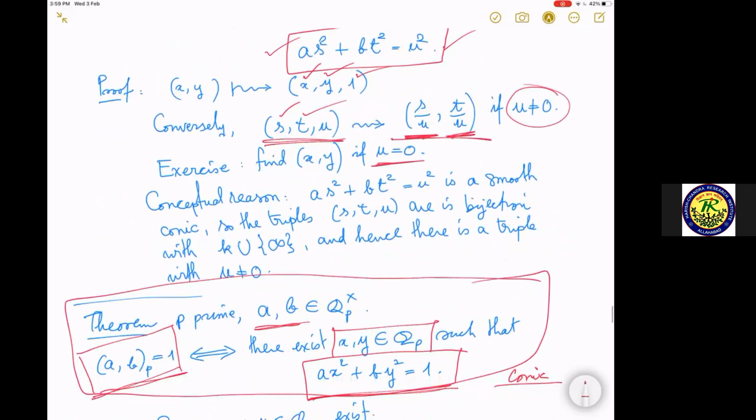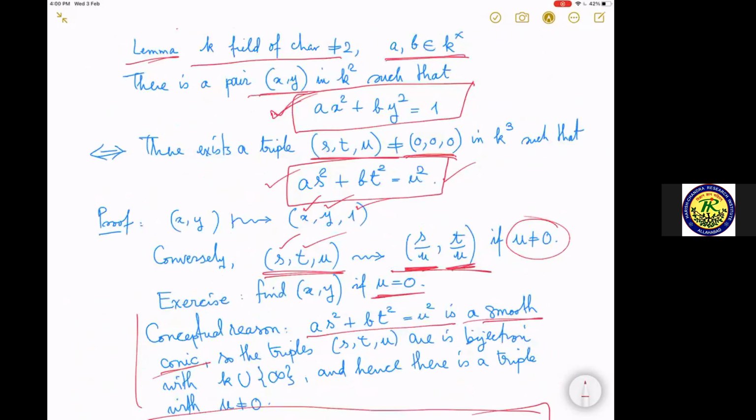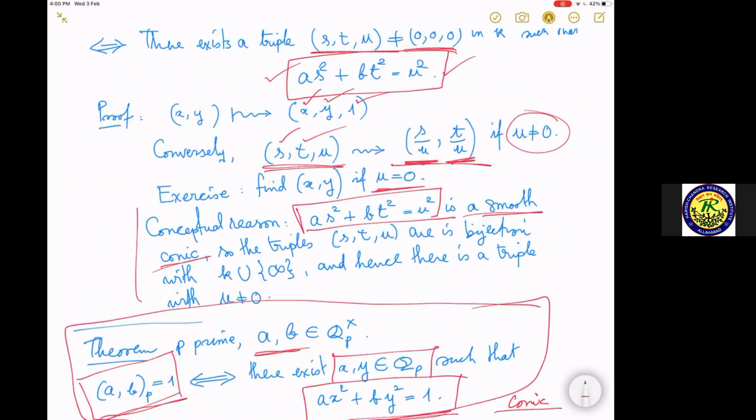Conceptually, it's clear that this should be true. Why is it conceptually clear? Because you see, this equation defines a conic. We are in characteristic different from 2, and a and b are invertible. So this defines what is called a smooth conic.